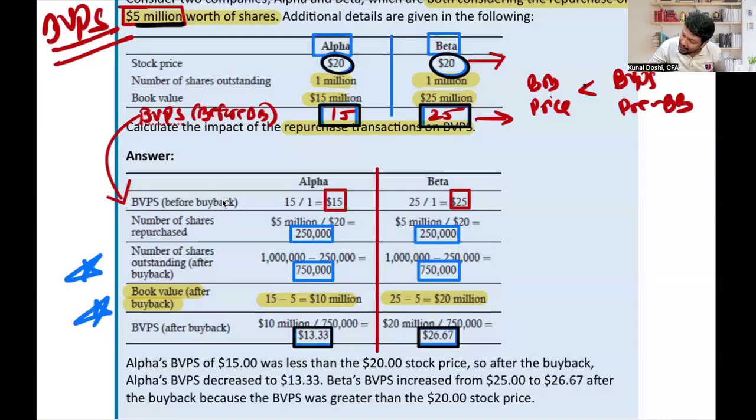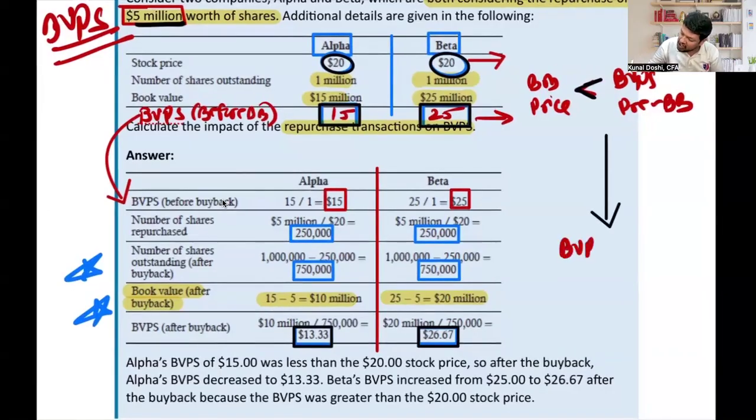Due to this, it was a very smart decision by the company, and eventually the book value per share after buyback actually increased from 25 to 26.67. And the opposite will be true in the other case.